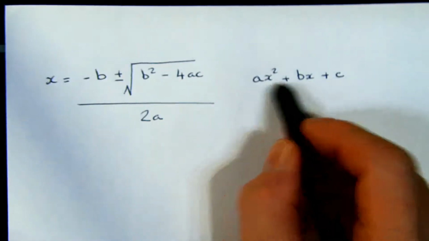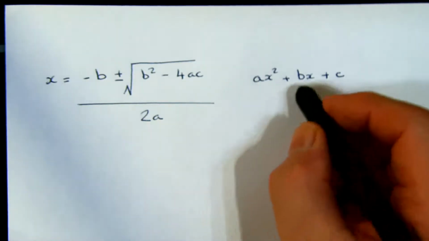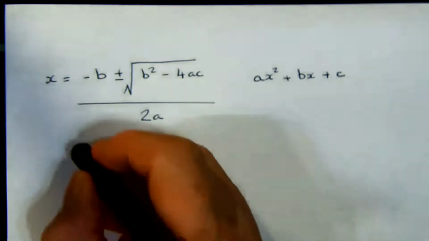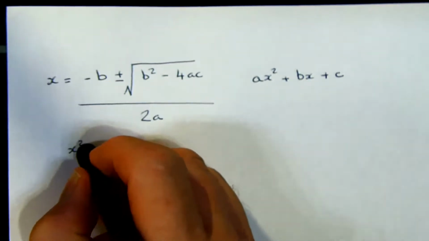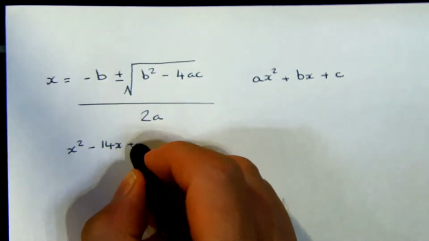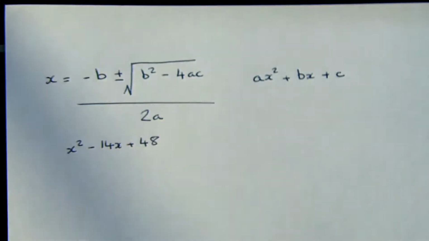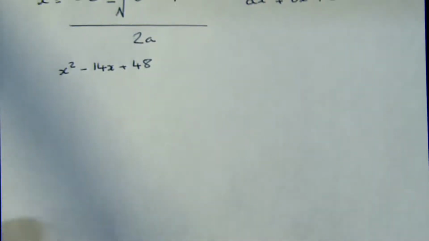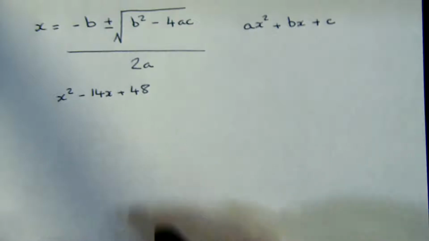Right? So no problem there, because if I take a suitable quadratic to have a look at, and we'll just try one of these, we'll have x squared minus 14x plus 48, and I can try to solve this. We're going to use the formula this time.